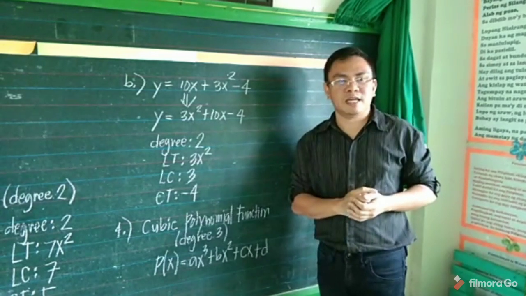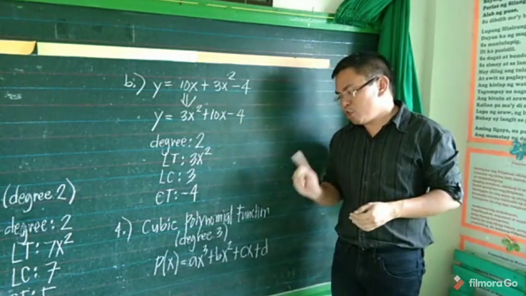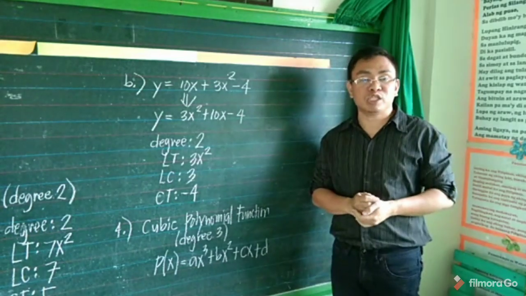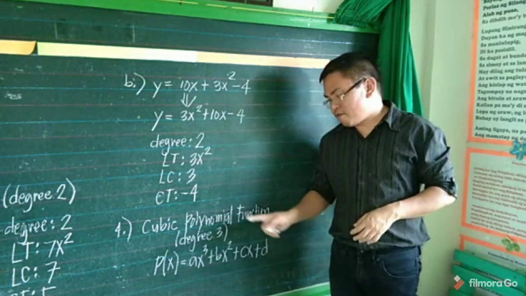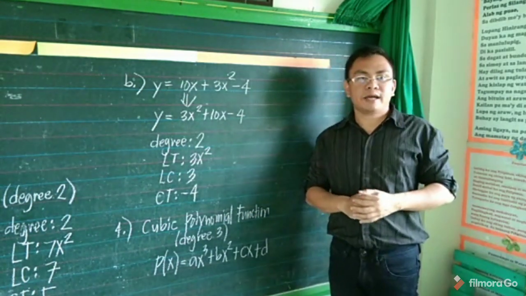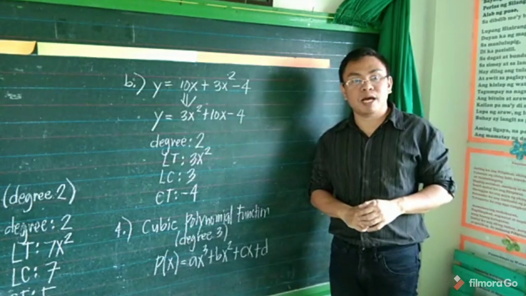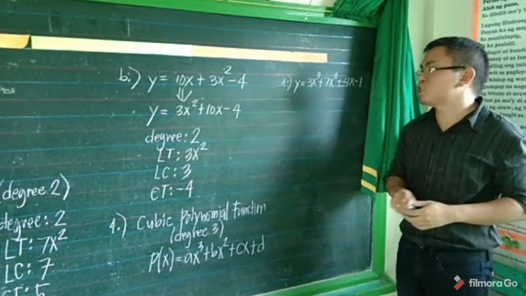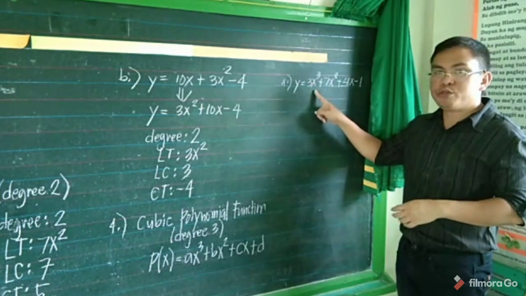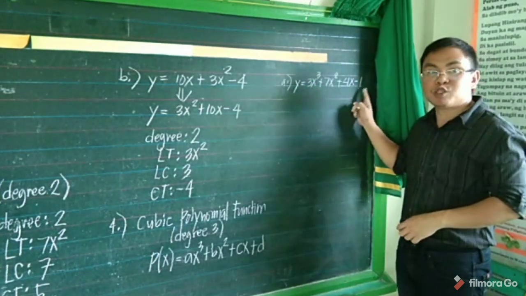Now here comes in the fourth common type of polynomial function, and that is cubic polynomial function, a function of degree 3. It takes the form p of x is equal to ax cubed plus bx squared plus cx plus d. Let me give you an example of a cubic polynomial function. y is equal to 3x cubed plus 7x squared plus 4x minus 1.